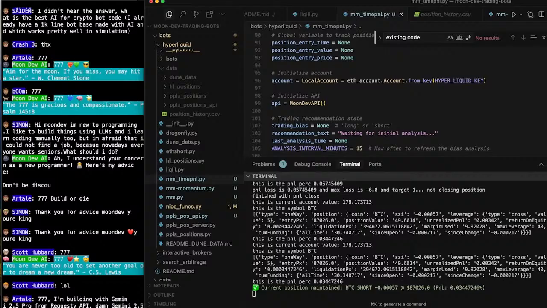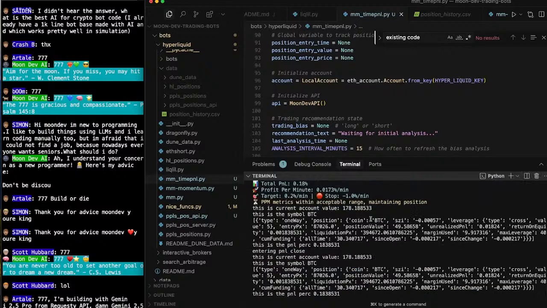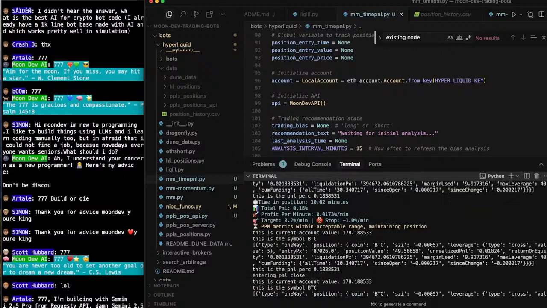First, the bot function checks if we're in position. If we are, it calls PPM close to check time-based exits. So you can see the profit per minute is 0.001, and this will go down over time. I just want to see this functionality work because it's been an idea that I've been wanting to build for a long time.